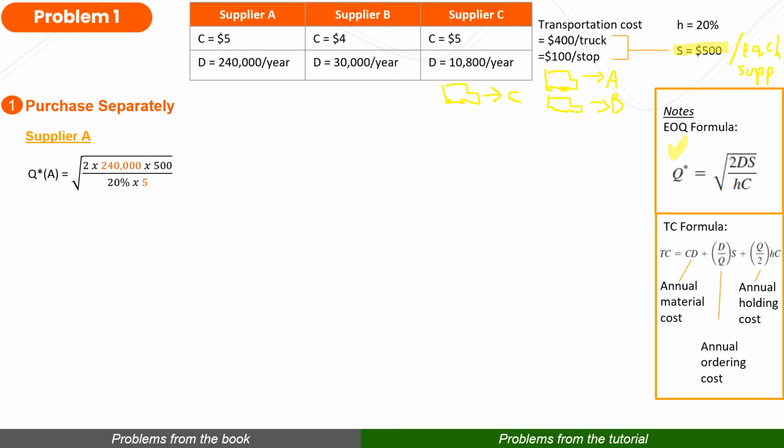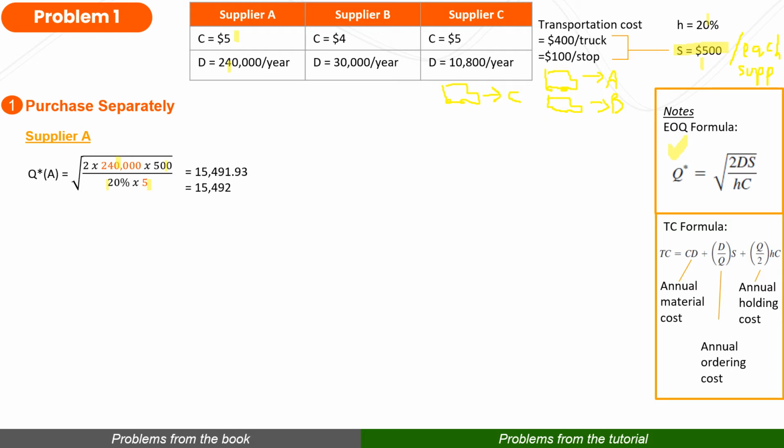So the Q star from supplier A is the root of 2 times the annual demand, 240,000, times the ordering cost, 500, divided by 20% times the cost from supplier A, that is 5, and then we get 15,491.93, and we can round it up to 15,492.